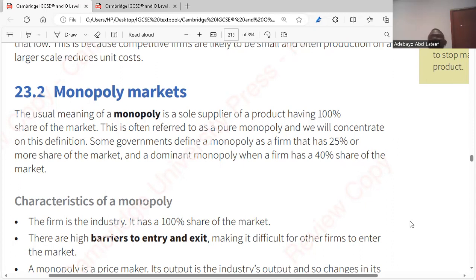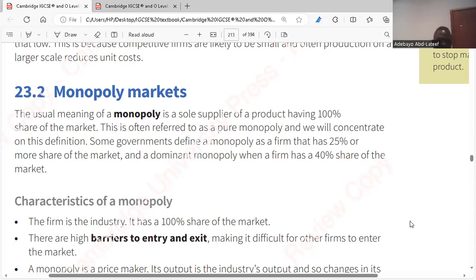In terms of structure, we have competitive market, oligopoly, and monopoly. But when we talk about mass or niche, we're talking about market in terms of production. You get the difference now?